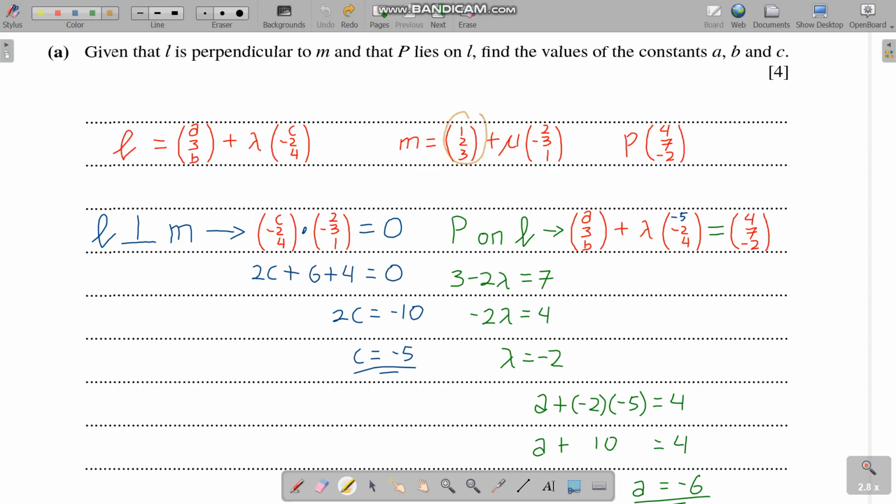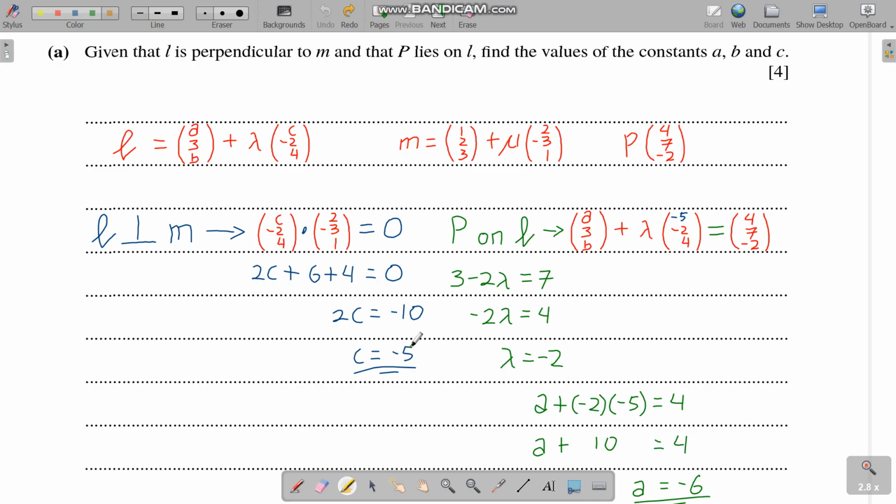So to find the dot product, we do 2 times c, minus 2 times minus 3, and 1 times 4. So we have 2c equals minus 10, c equals minus 5.